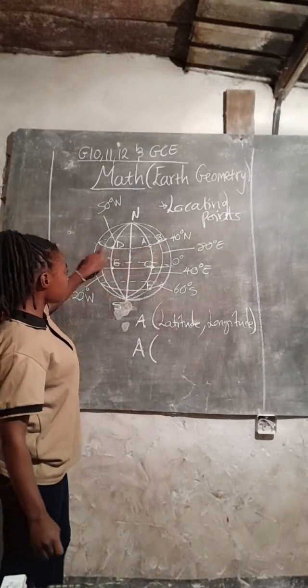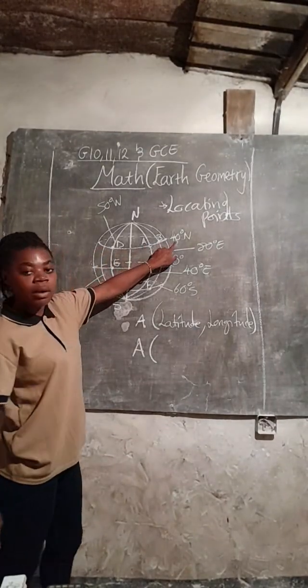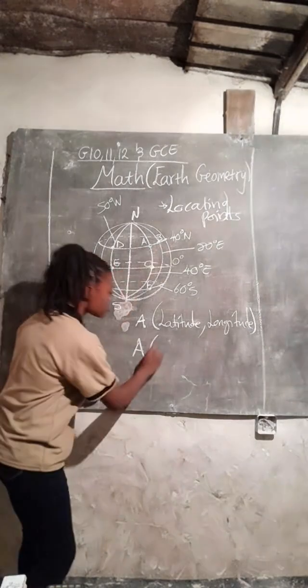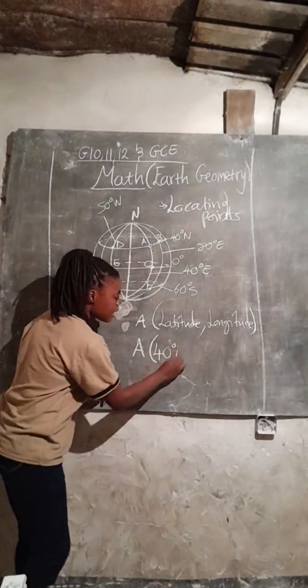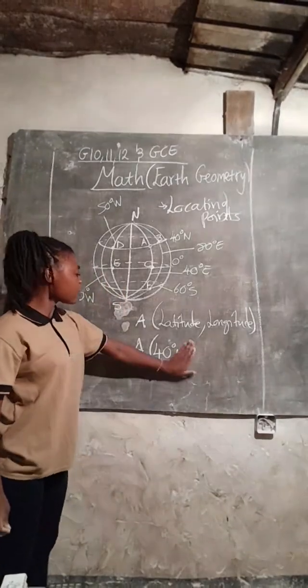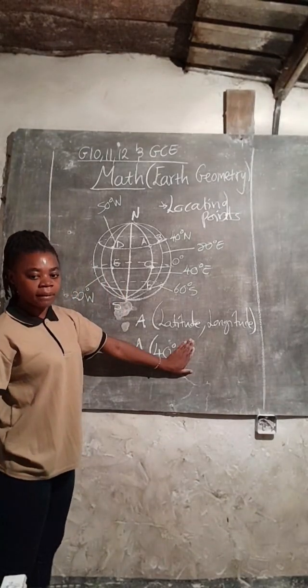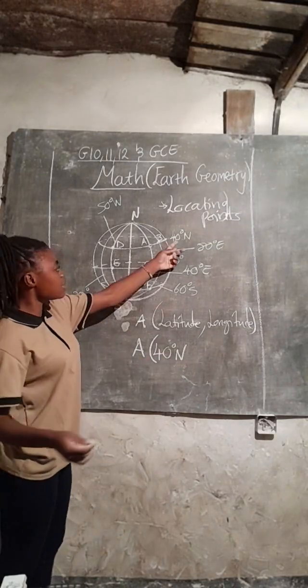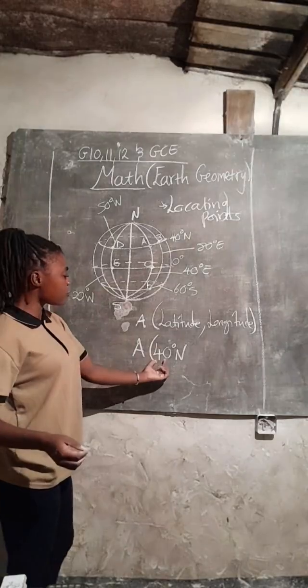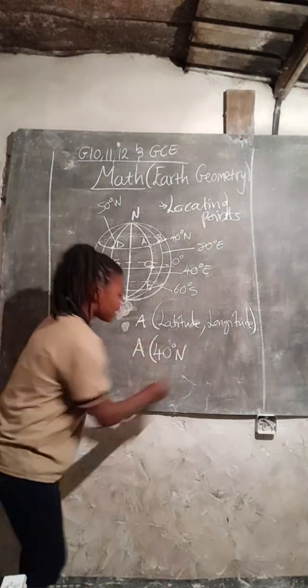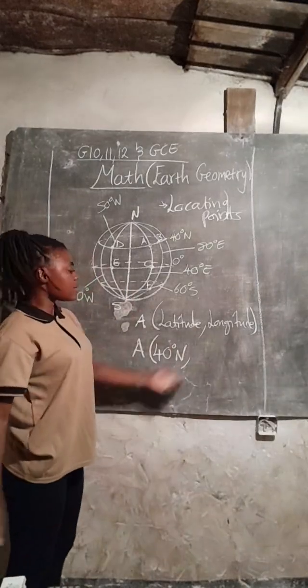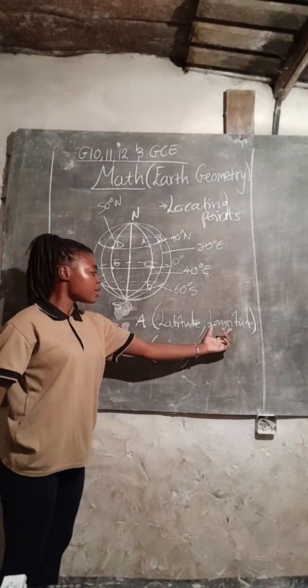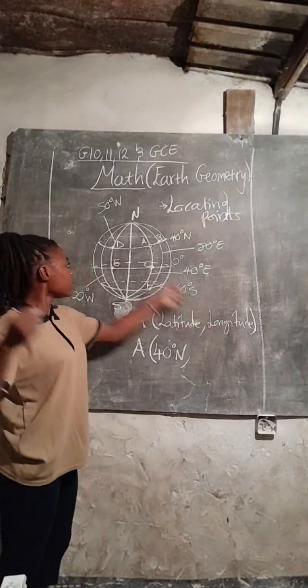This one. And this latitude is having what? 40 degrees north. So you say 40 degrees and you put north. Don't just say 40 degrees and end there. You put what? The hemisphere where it is. So it is in the northern hemisphere. That is why we've written 40 degrees north. Comma. Comma what? The longitude on which it is.